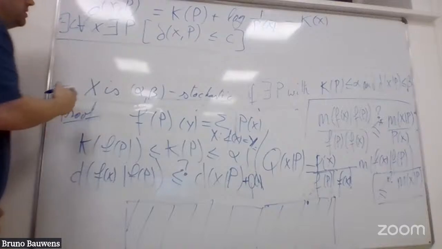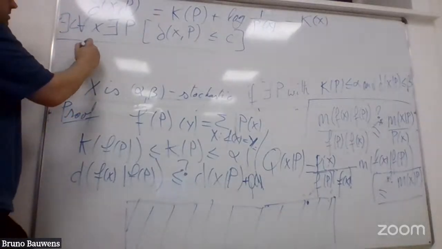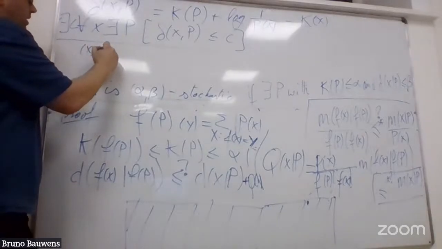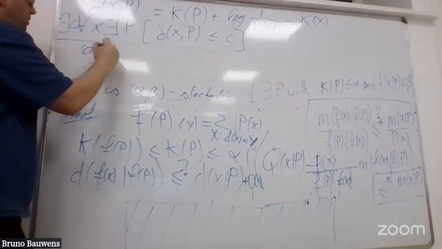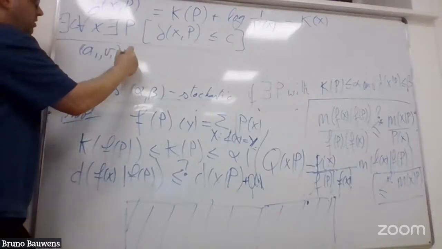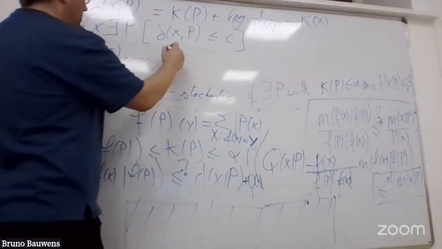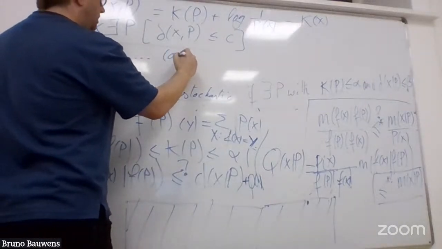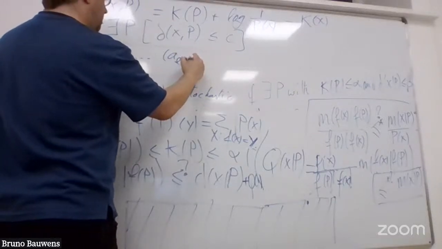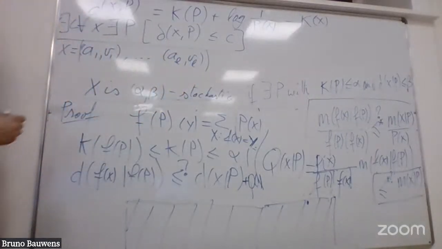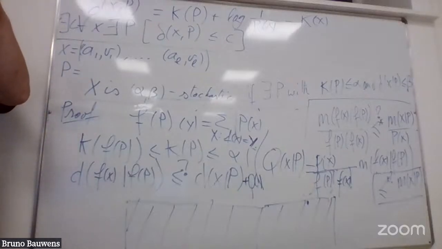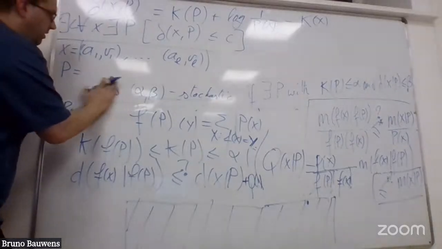So for example, if the training set is a pair x1, y1, so let's use a1, v1, argument and value, and so on. So x is like this, a_l, v_l. So it's a training set. And then they say, okay, let P be defined by a regression function, and we assume Gaussian noise with a certain sigma around it.